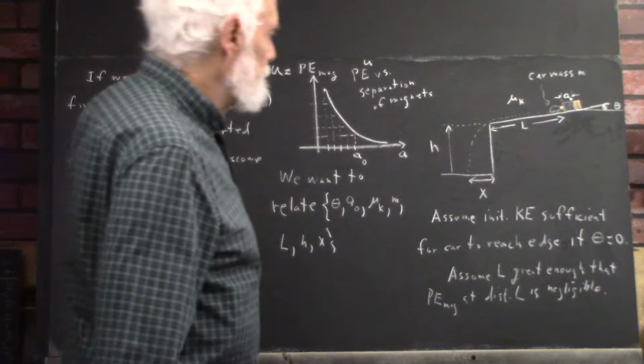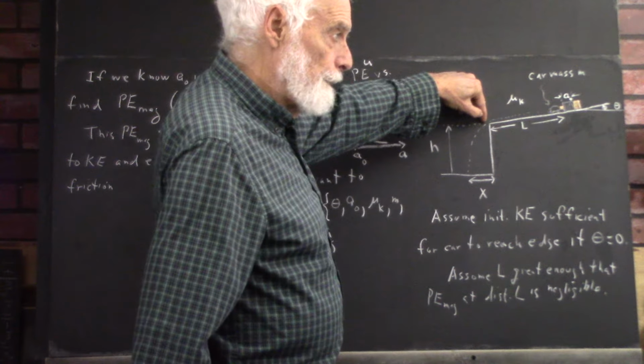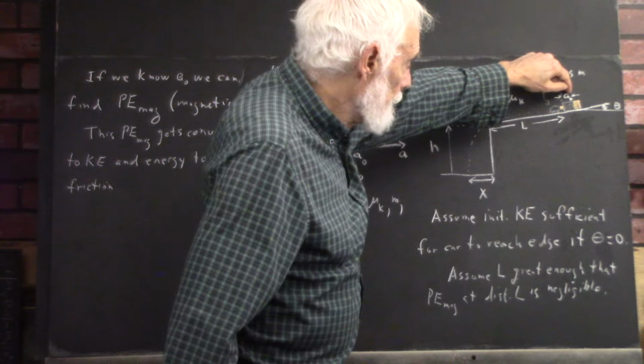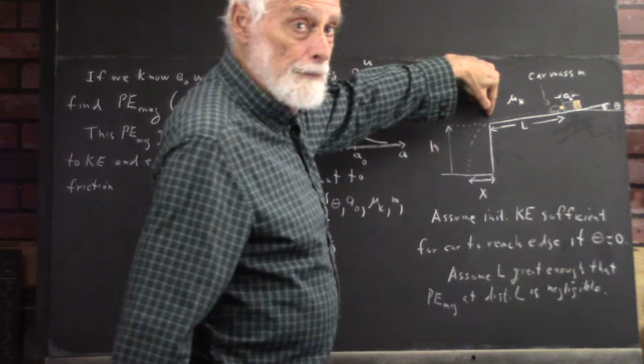So what we can certainly say is that by the time you get here, there's 0 magnetic potential energy. So all the magnetic potential energy has now been converted to other forms of energy.